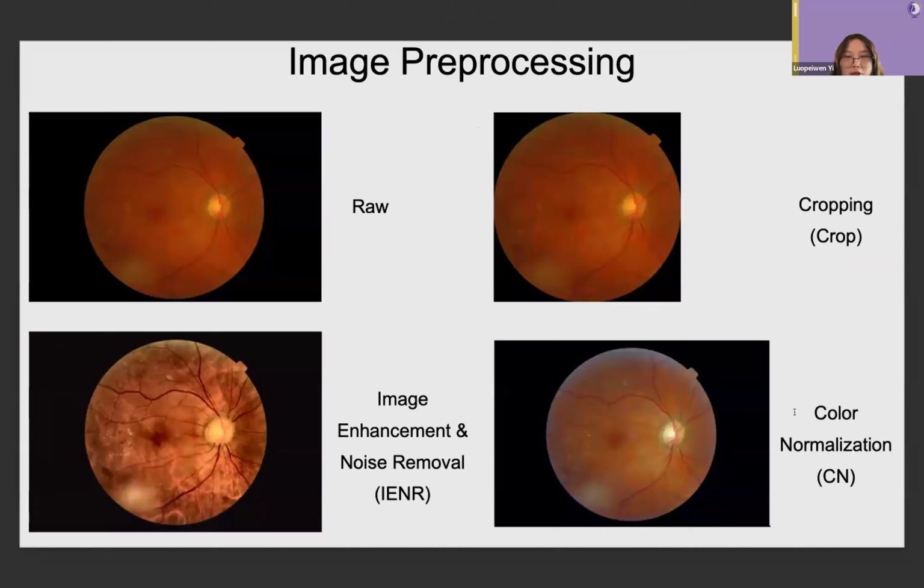Our study explored 3 key image preprocessing techniques: cropping, image enhancement with noise removal, and color normalization. Cropping focuses on the most relevant parts of the retinal image, IENR improves image quality and reduces noise, and lastly, color normalization standardizes color profiles across different datasets.